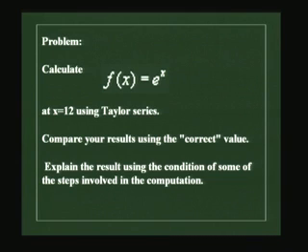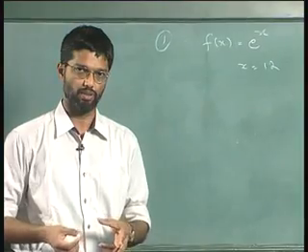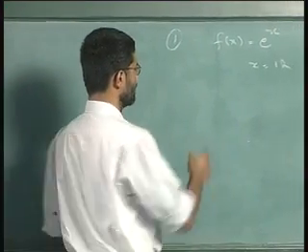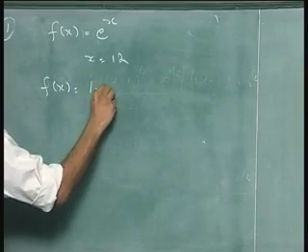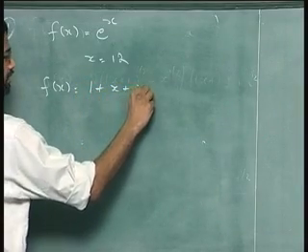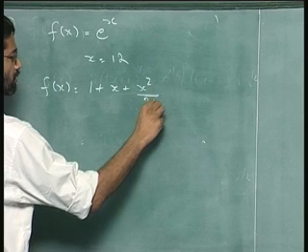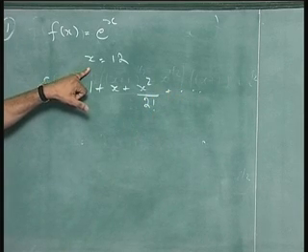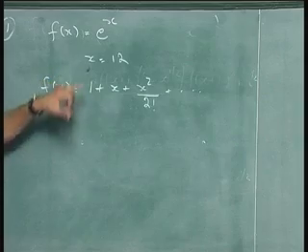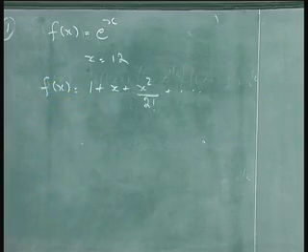So f of x is equal to e to the power of x, and you want to compute this at x equal to 12, which is a large value. So we could write f of x as 1 plus x plus x squared by 2 factorial, etc., and then compute this for a large x value, and then you could see what the error is which you would develop.